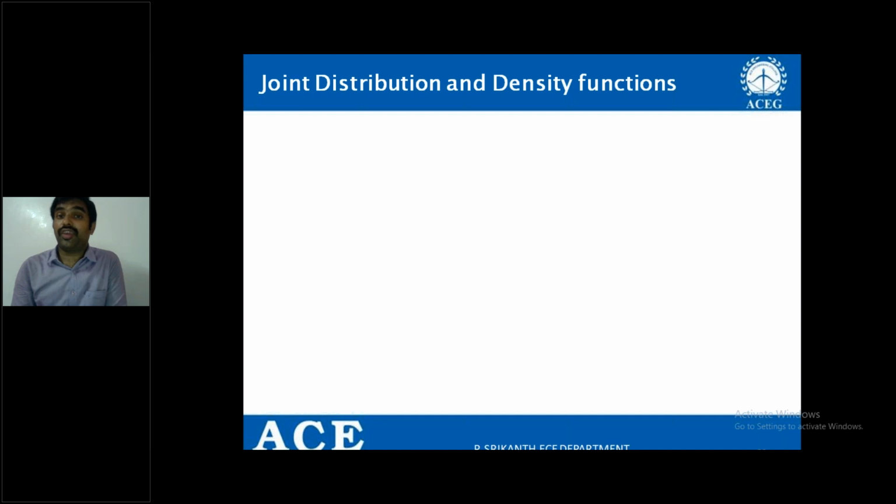So now we have seen what a vector random variable is. A vector random variable comes into the picture whenever multiple random variables are taken to represent a random experiment.